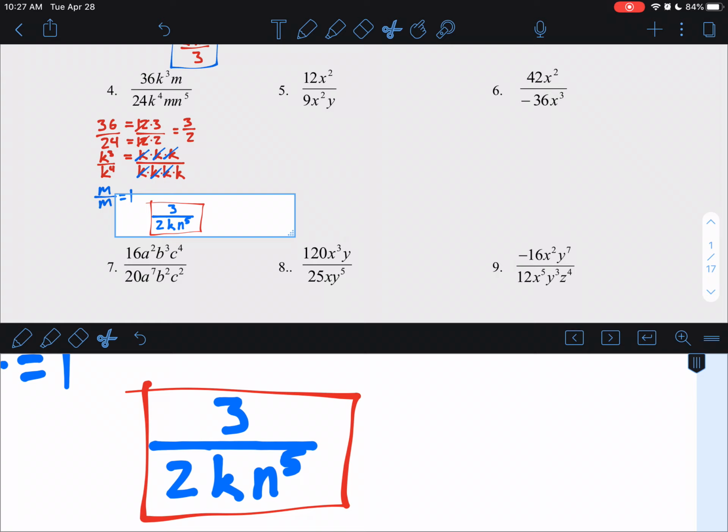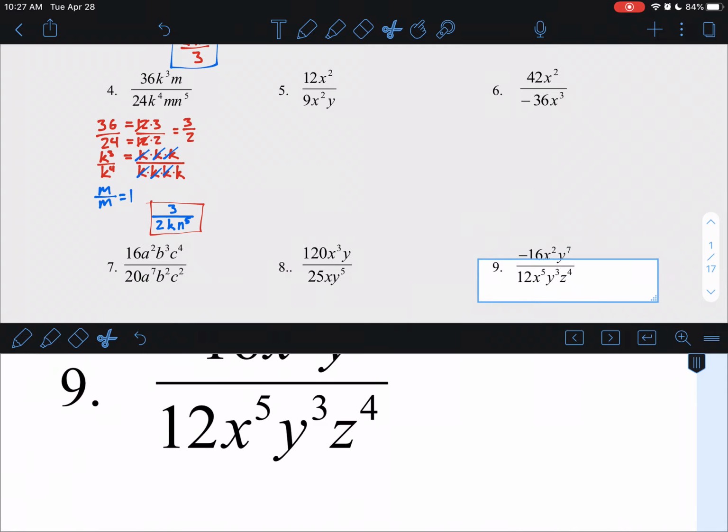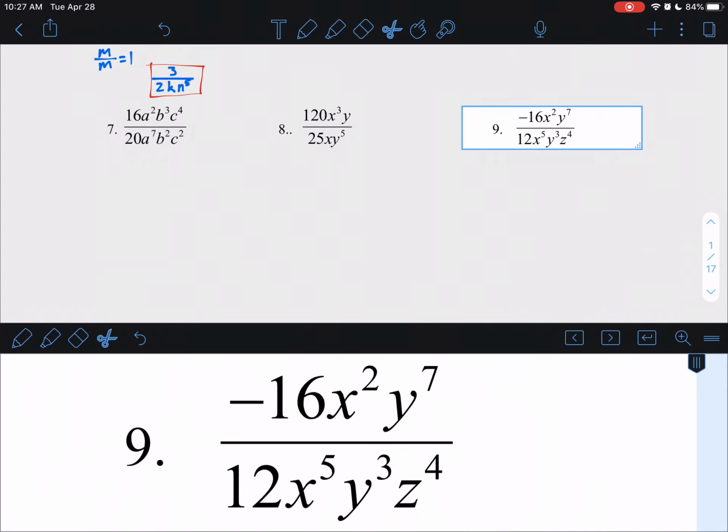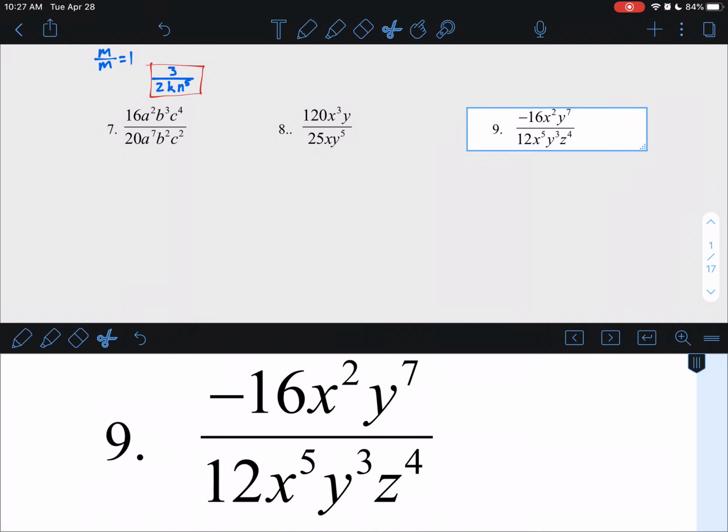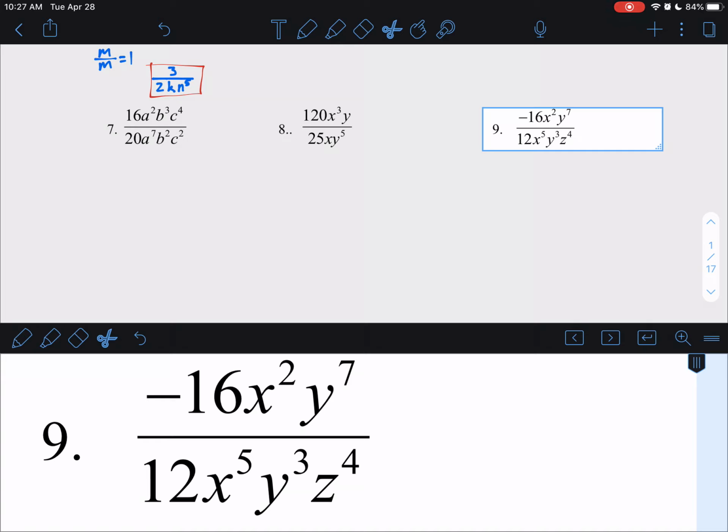And we will do one more in this section here. Okay, I like number 9. So I have negative 16 x squared y to the 7th over, actually, do I like number 9?